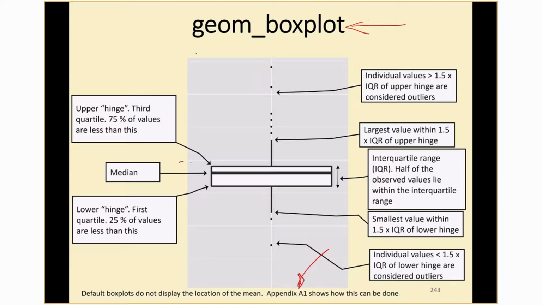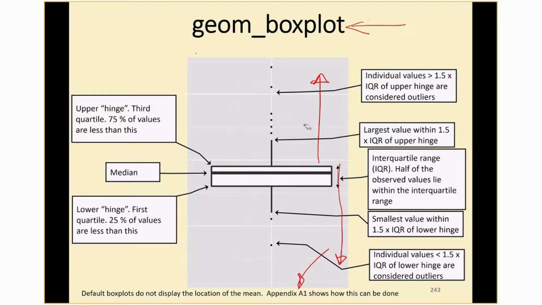This line here is the upper hinge. 25% of the values of city mileage would be greater than the upper hinge, and 75% would be smaller. This is the lower hinge. 75% would be greater, and 25% would be smaller than the lower hinge.